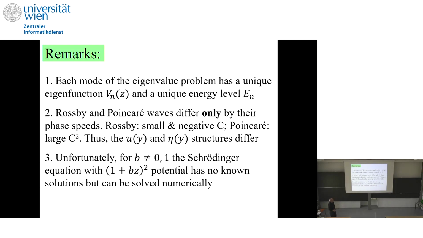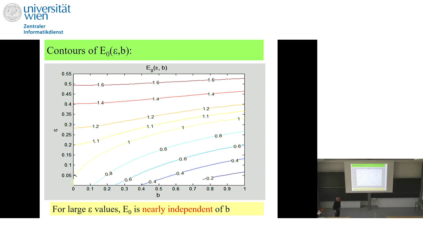And for B equal to 0, there are no known solutions to the equation. But as I told you, we can solve it numerically and derive some analytic inferences. So here is the first eigen energy level, E0, on a plane of epsilon and B, and these are contours of equal values of this E0.